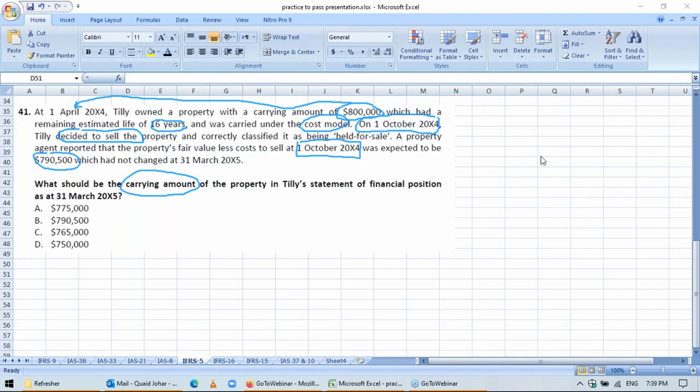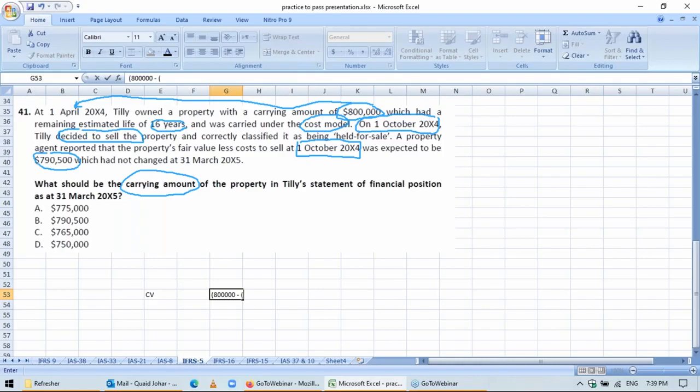So what you need to do first is calculate the carrying value. The carrying value of 800,000 is given on 1st of April.